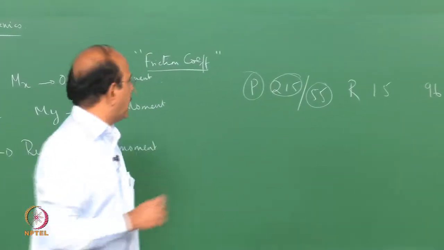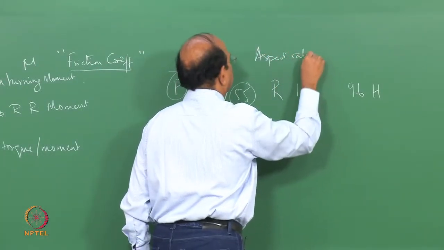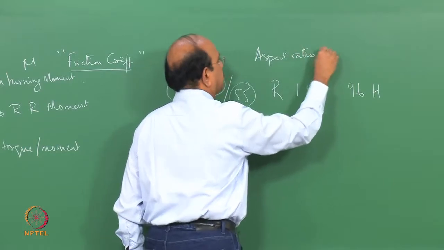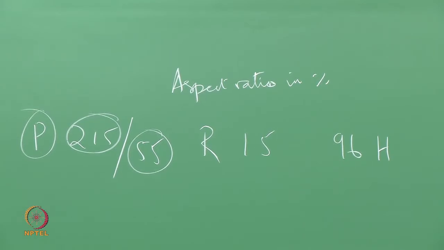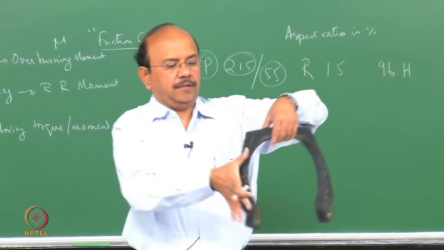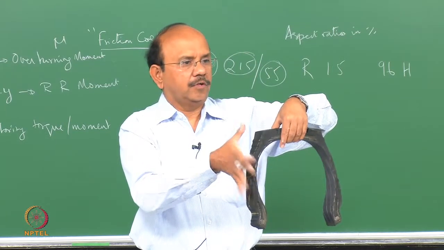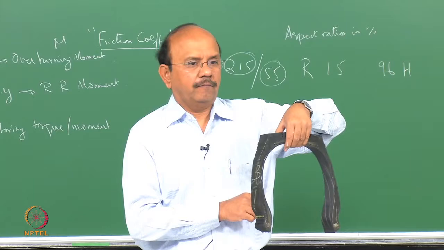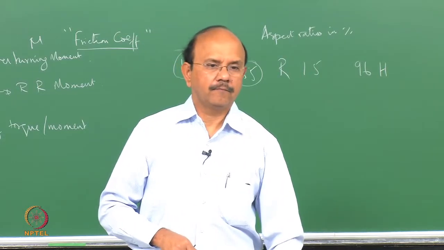That is what is called the aspect ratio, and it is in percentage. What is the ratio when we say aspect ratio? The ratio of this height, which I would call HT, to the section width.